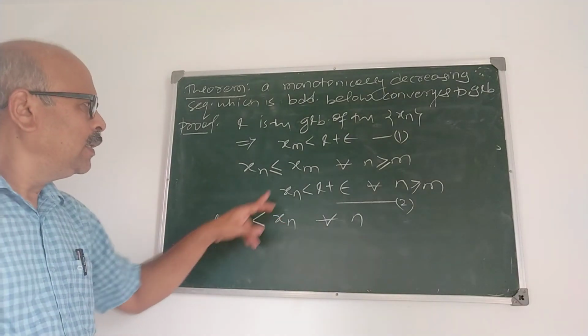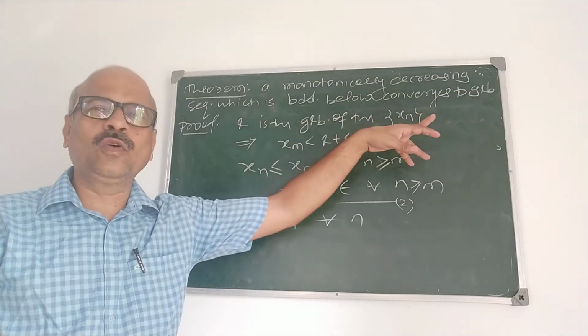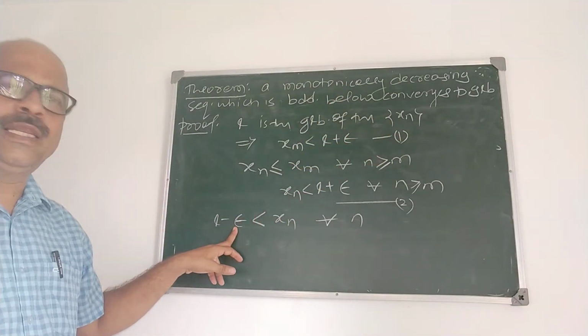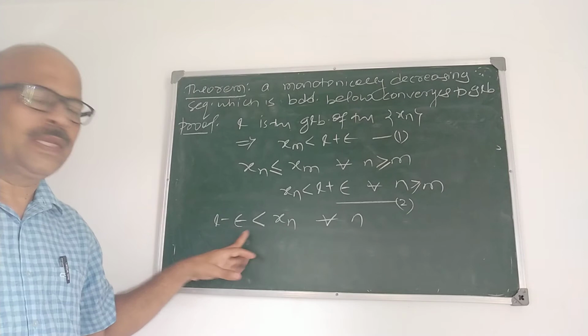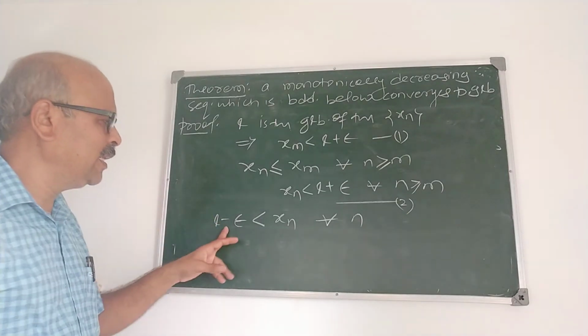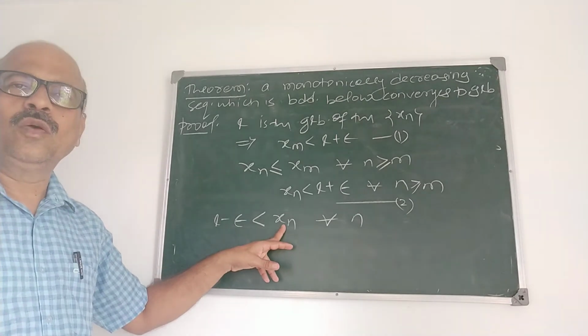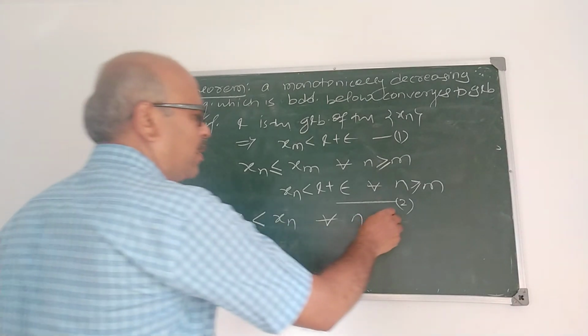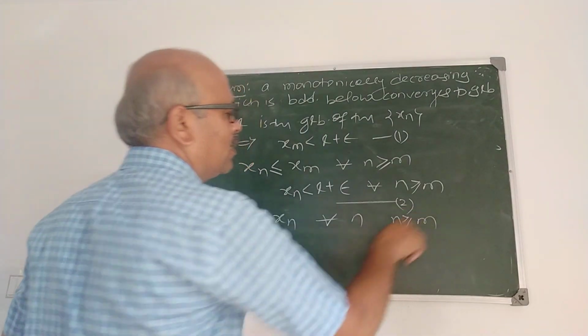L is the greatest lower bound means L is a lower bound, and any number less than L is also a lower bound. Therefore L minus epsilon is always a lower bound. xn is greater than L minus epsilon for all n, in particular n greater than or equal to m.